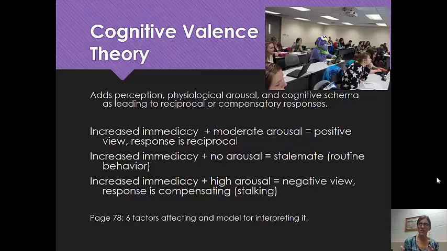Some of those questions emerging about expectancy violation theory help to explain a little bit about cognitive valence theory. In a nutshell, cognitive valence theory adds perception, physiological arousal, which I'll explain, cognitive schema, and the nature of reciprocal or compensatory, the pushing away, responses that we get.